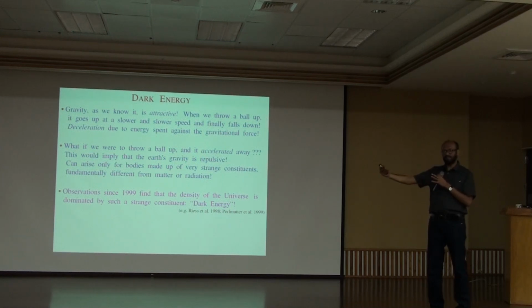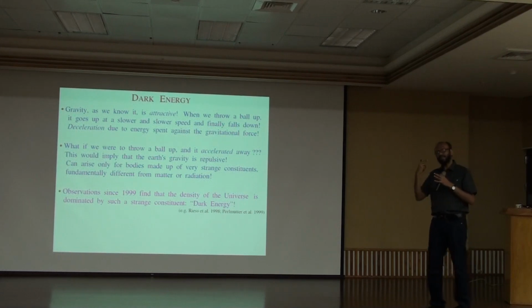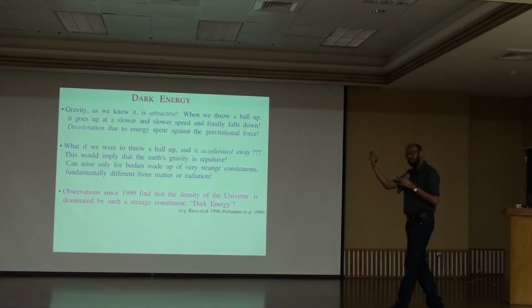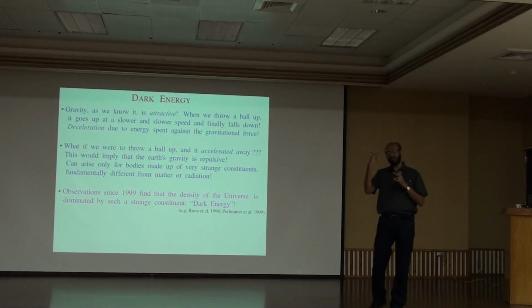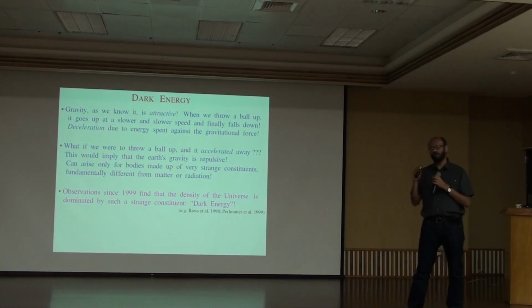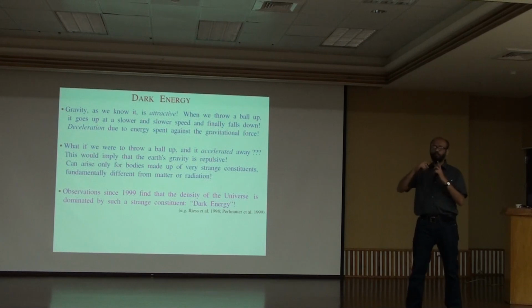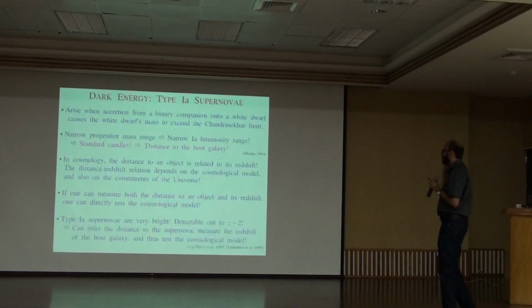So I can measure its distance. And what you find, amazingly, is that the distances in high redshift galaxies are larger than what you expect based on the relationship between distance and redshift in the original standard model, without dark energy. If you put dark energy in, because the universe is stretching faster, suddenly the distances match. And I'll show you what I mean over here.